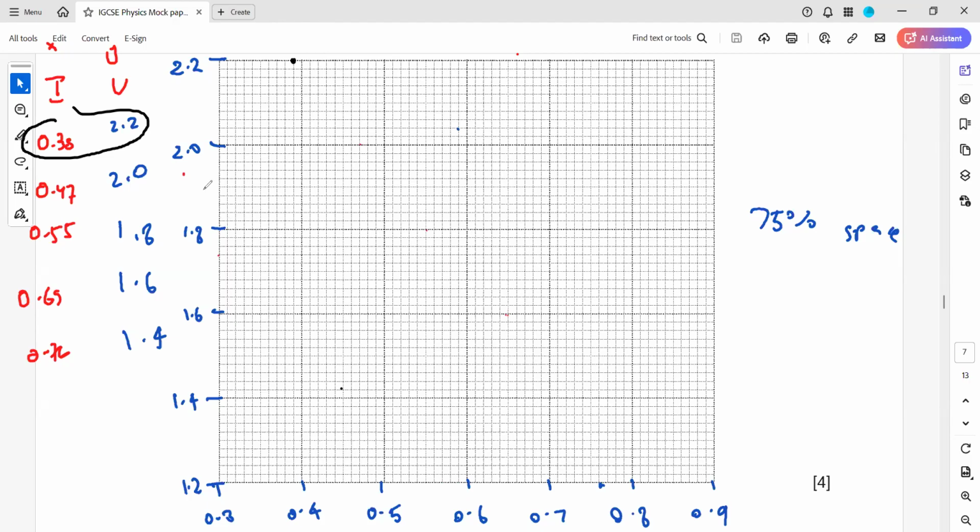Next is 2 and 0.47. Then 0.55, 1.8 and 0.55. Then 0.69 and 1.6.